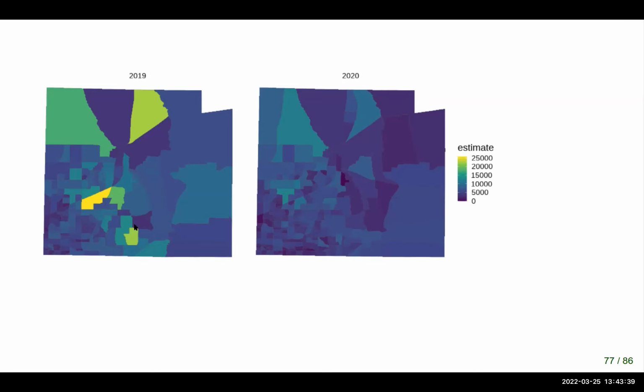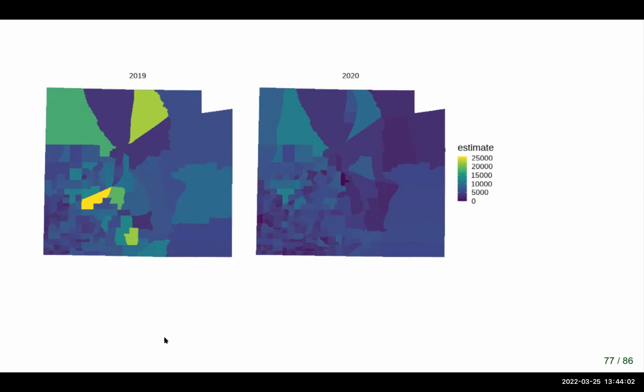Really, any of the locations that have really large populations have comparatively smaller populations in the next ACS. It's not because they lost population, it's because they gained population. But you can show these maps side by side and someone might say, whoa, did the population decline in this area? No, it's just that we've redrawn the geographies.